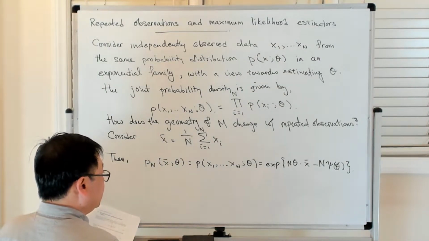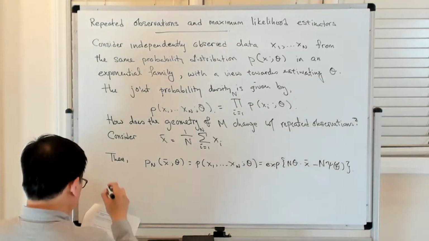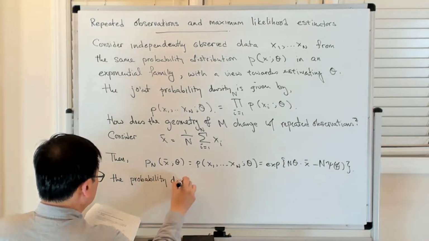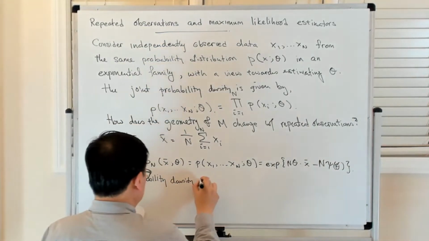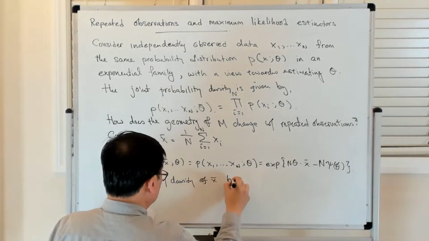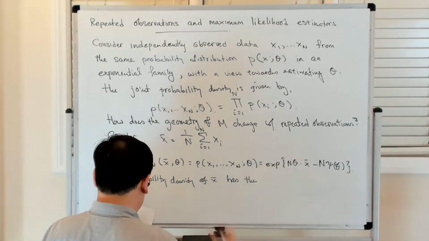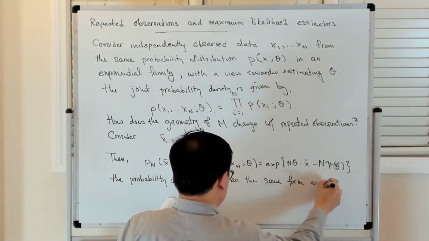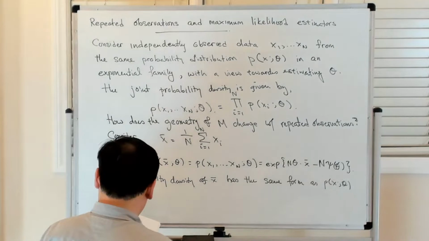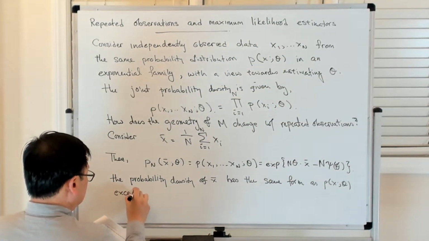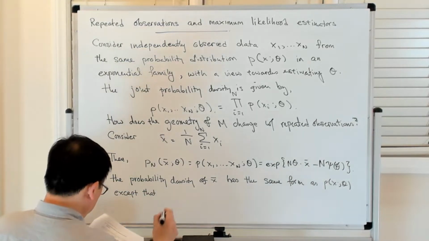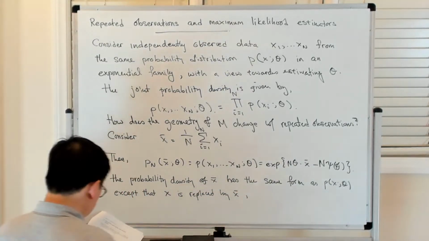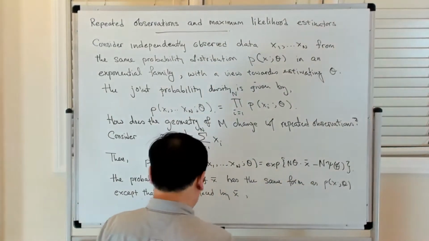So the point is that the probability density for the average x bar has the same form as that for just a single instance, except for the fact that x is replaced by x bar, and this term here becomes n times as large.